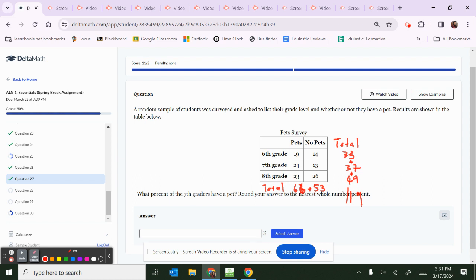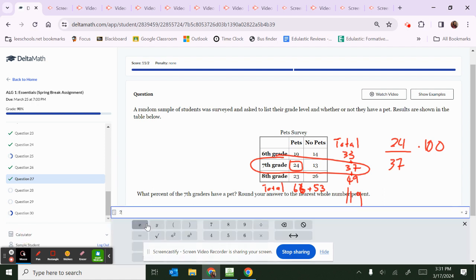So let's read the question. So it says what percentage of 7th graders have a pet? So I'm focusing on 7th graders who have pets. So 24 out of my 37 7th graders multiplied by 100 will give me my percentage of persons that are in the 7th grade that have pets. All right.